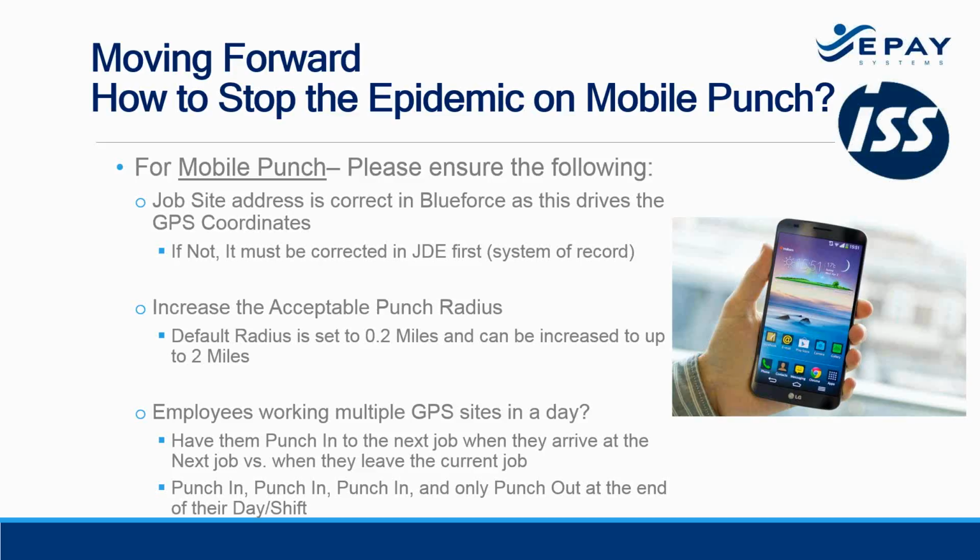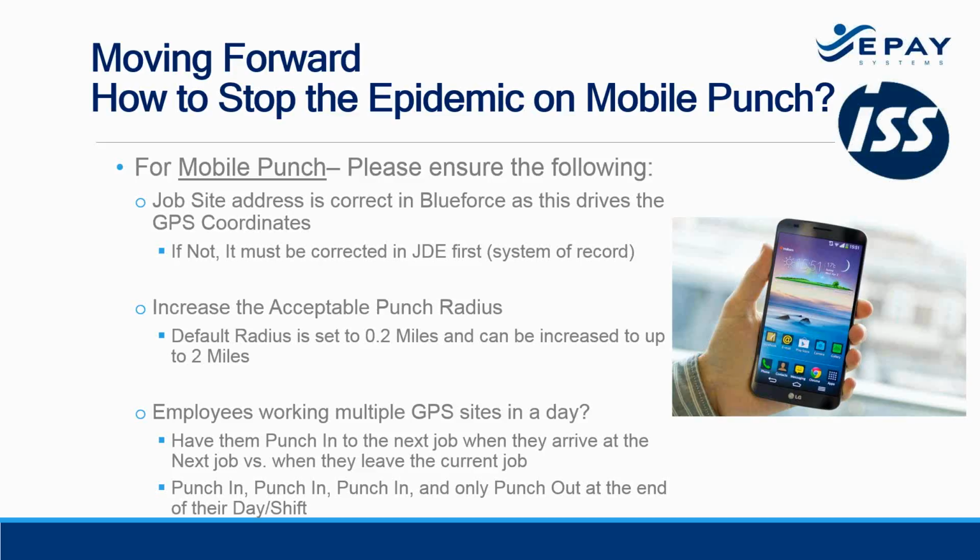We have a process in Blueforce called auto close. Auto close allows the employee to just punch in, and every time they punch in again, the system will automatically close their prior punch. So close job A, for example.